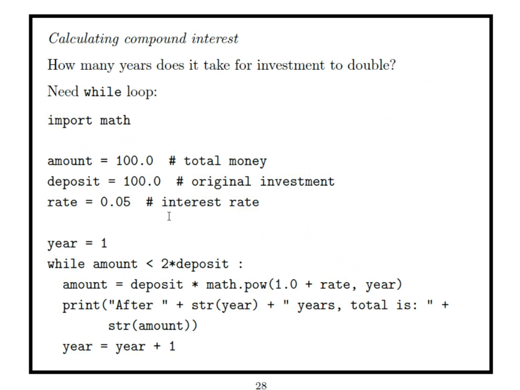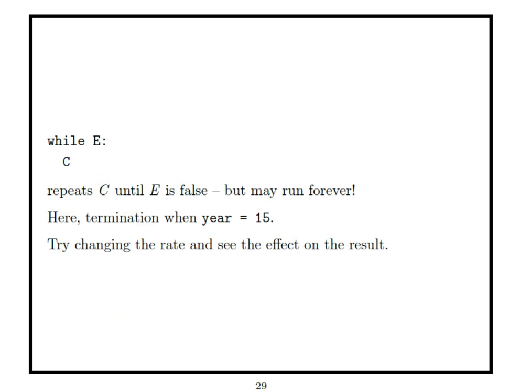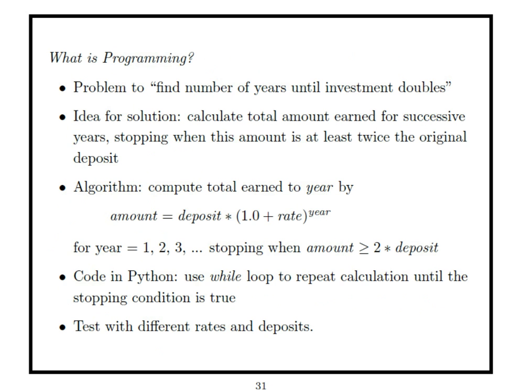So this is the program. While the amount is less than 2 times deposit, compute the amount, increment the year, and stop when we've reached the stopping point, and that will tell you how many years you need to run in order to reach more than twice the original deposit.